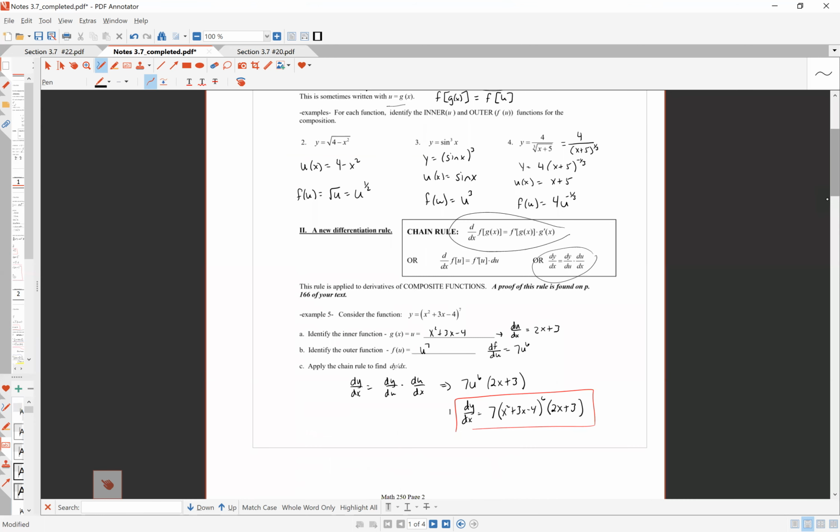So let's look at this one function right here. There are a lot of examples in this document, so we're going to look at a couple of them. Example 5: now we have this polynomial, x squared plus 3x minus 4, raised to the 7th power.